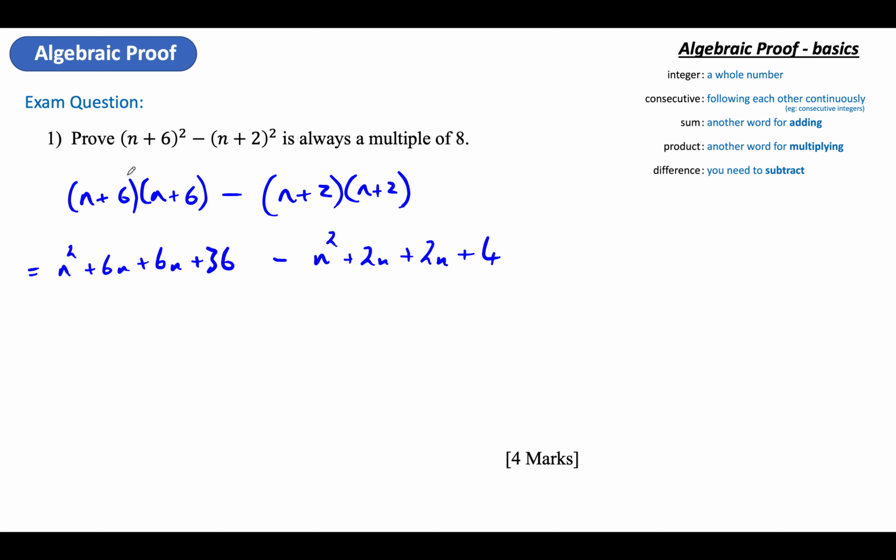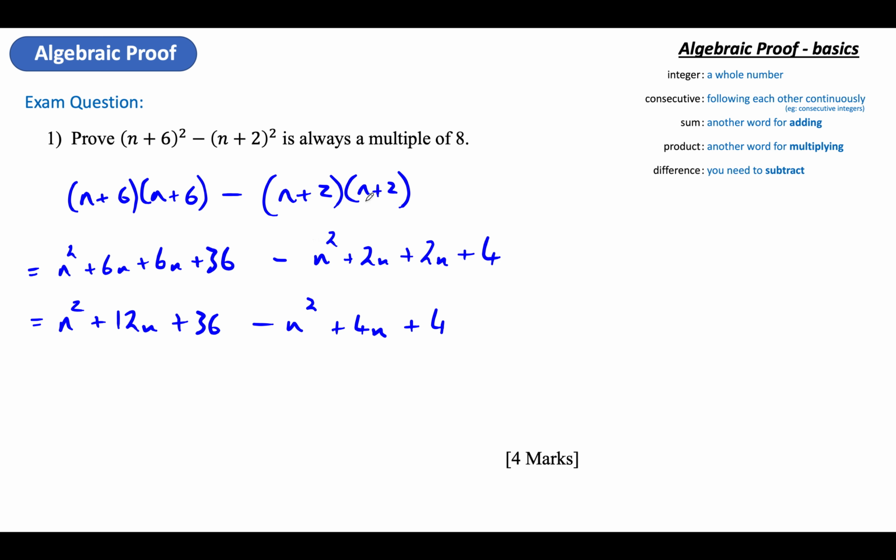Hopefully you got that far. That's just some expanding out brackets. Do a little bit of tidying. So m squared, now 6m plus 6m is 12m plus 36. And then I've still got n squared, 2n plus 2n is 4n, and then there's a plus 4 on the end here. Now, here's the important bit.